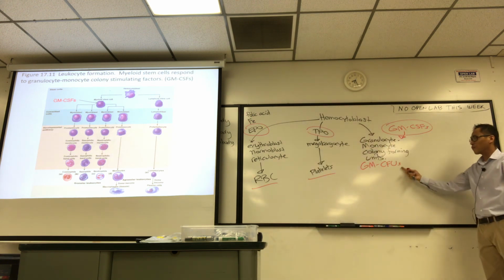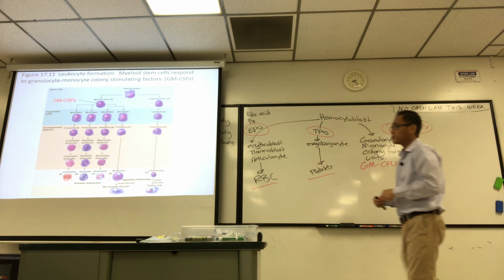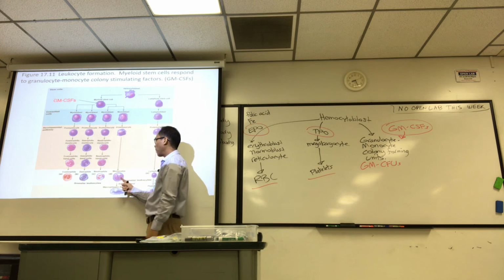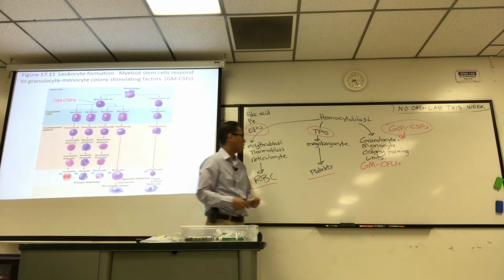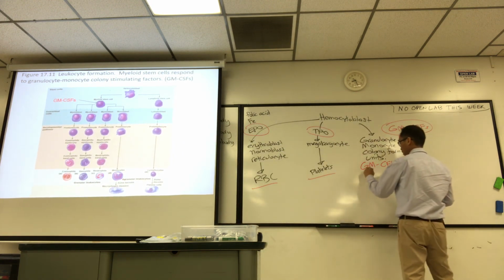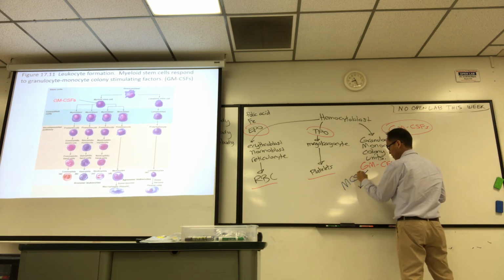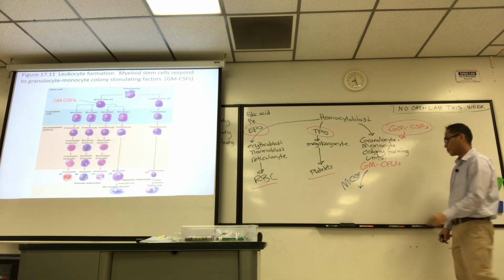For these granulocyte monocyte colony forming units, what you see here is there's a line that will, out of those colonies, you'll get monocytes. MCSF, monocyte colony stimulating factor, and you'll get the monocytes.